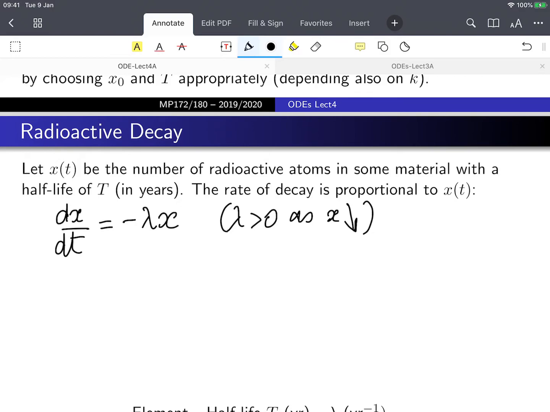Well, that's it. That's the law. I know how to solve it. That's like Malthus' law. I know that x of t is going to be x0, the quantity at the original time, exponential minus lambda t.